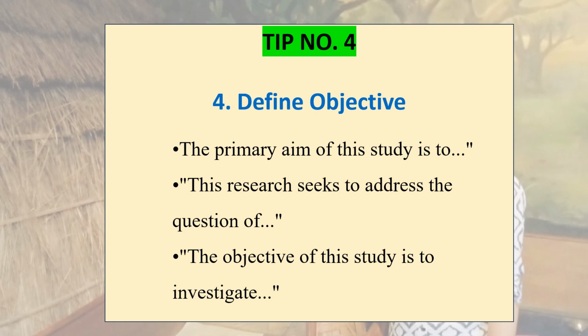This research seeks to address the question of dash. The objective of this study is to investigate that. Means once you identified the research gaps, now you have decided on which aspect you are going to work, and then you have clearly defined your objectives, that what you want to achieve through your research or review.